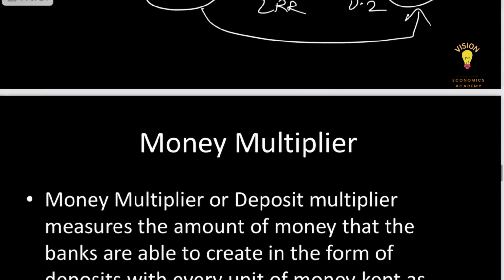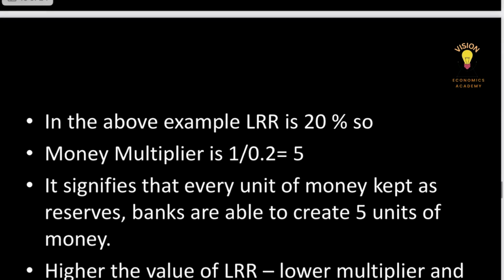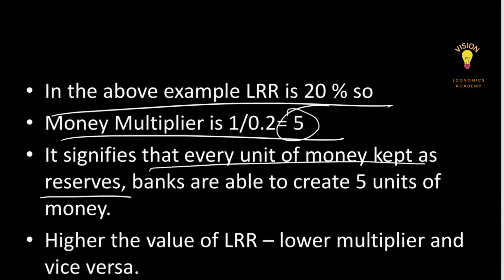So here I've also explained the concept of money multiplier. Money multiplier or deposit multiplier measures the amount of money that the banks are able to create in the form of deposits with every unit of money kept as reserves. The formula is 1 by LRR, and in the example I've shown above, the multiplier value is 5, which signifies that banks are able to create 5 units of money from every 1 unit of money kept as reserves.